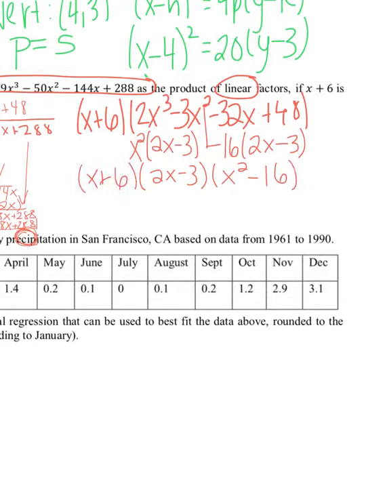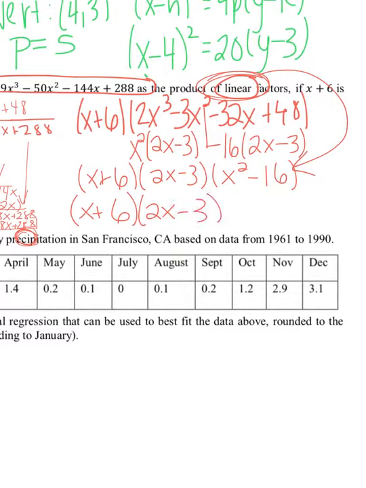Now, this is a better answer, but it's still not perfect because this says linear factors. The problem with linear factors is that you have this quadratic factor. X squared minus 16 I can factor using dots. So this is x plus 6, 2x minus 3, and then x squared minus 16, square root of x squared is x, square root of 16 is 4, plus and minus.